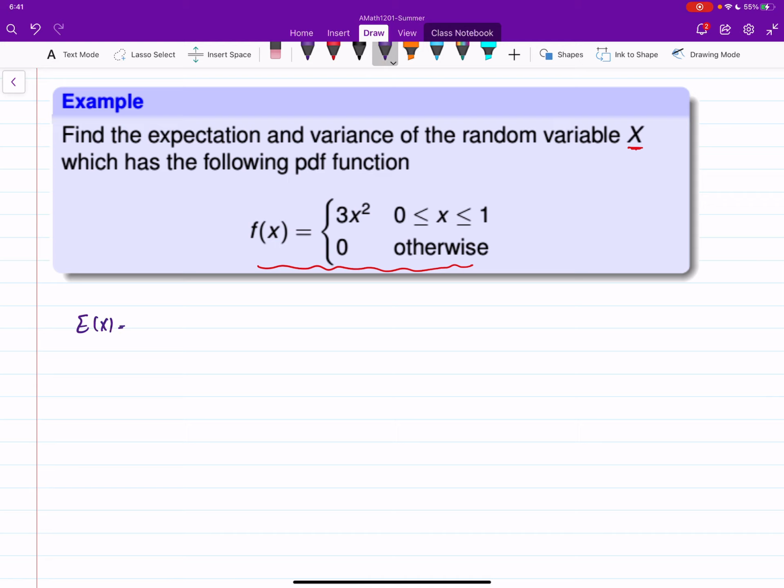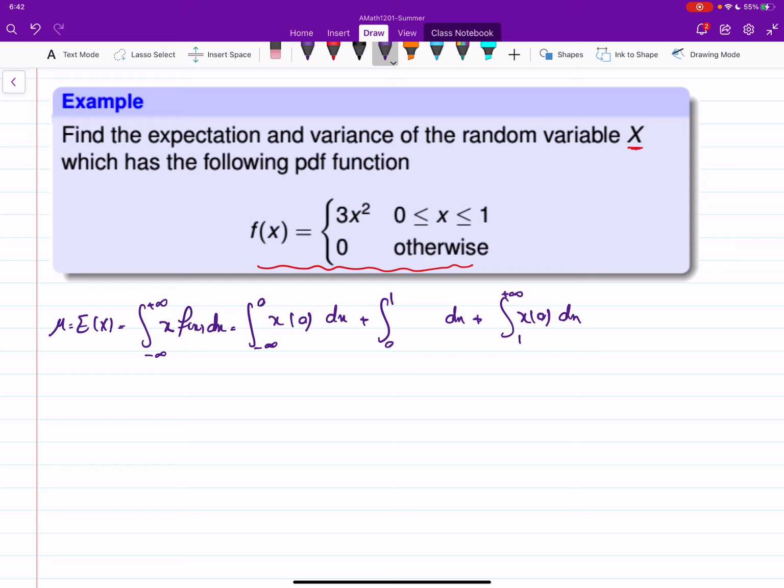The expectation, or expected value, or mu of this random variable is the integral from negative infinity to plus infinity of x times f of x dx. But this is piecewise defined. I can separate it into three pieces: from negative infinity to 0, from 0 to 1, and from 1 to infinity. But I know that outside 0, 1, f of x is 0, so those two integrals will go away.